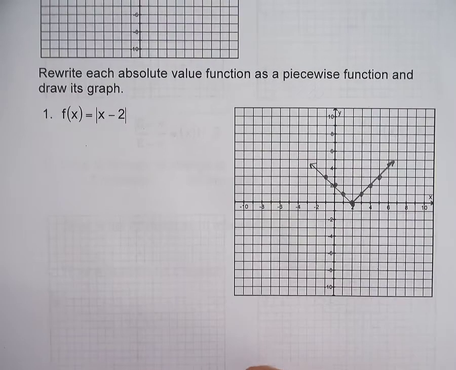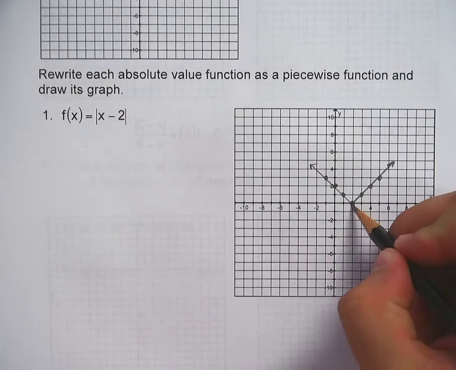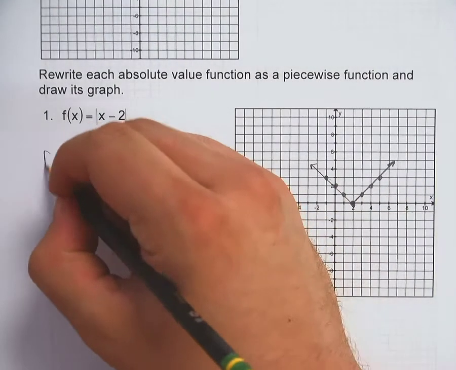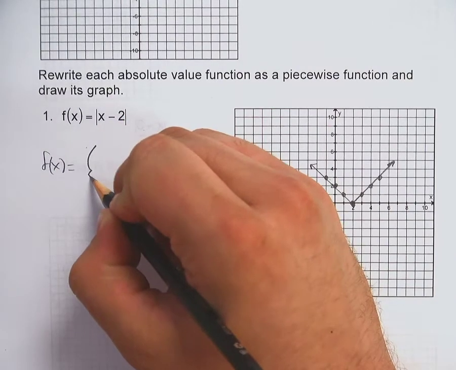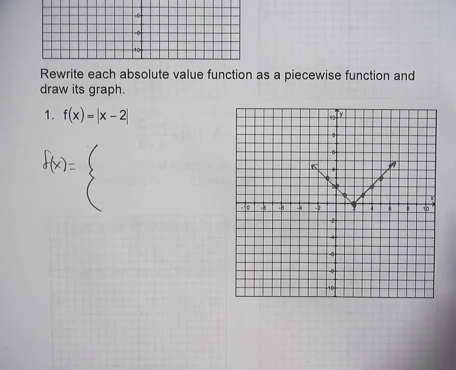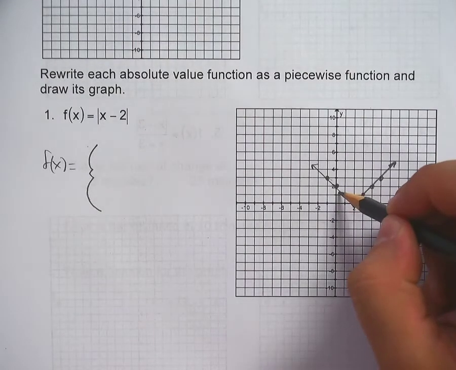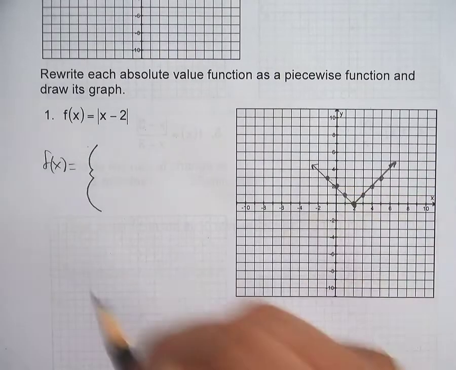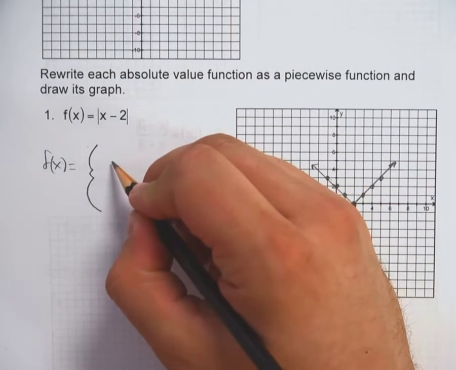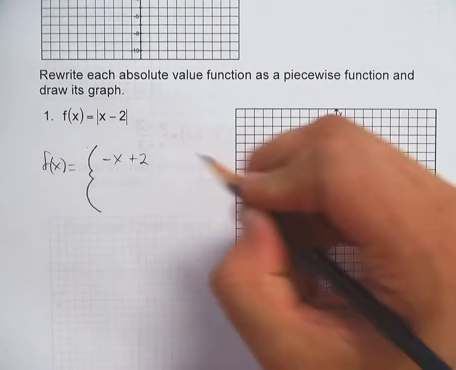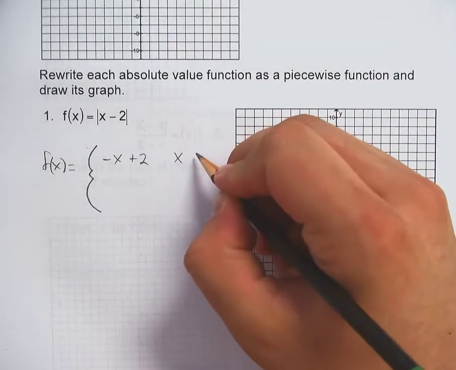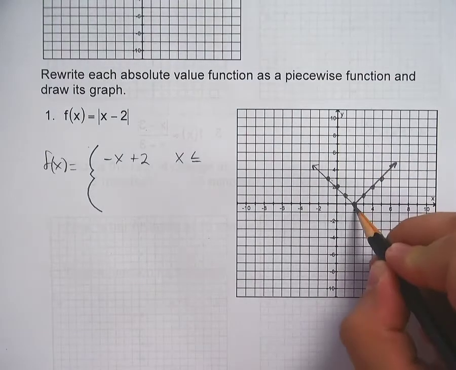So to come up with equations for those, this one right here, we've got f of x is equal to big bracket here. On the left-hand side, it's a slope of negative 1, and it has a y-intercept of 2, so we have negative x plus 2, and that's where x is less than or equal to 2.